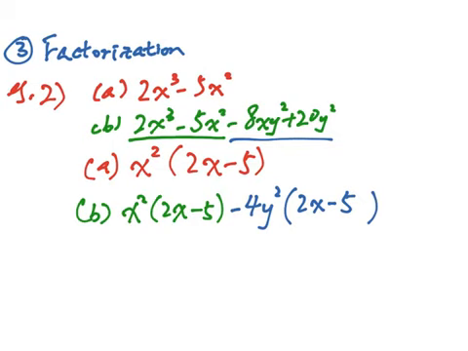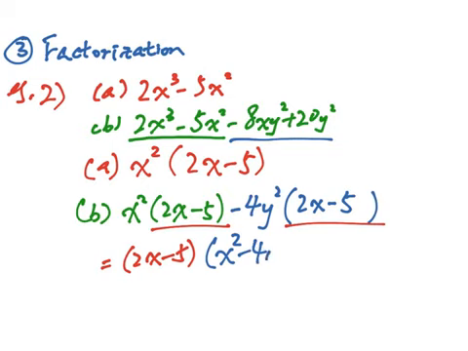Next, we'll see any common factor. So 2x minus 5 is a common factor. Take it out, so it becomes 2x minus 5, and then the remaining term is x squared minus 4y squared.